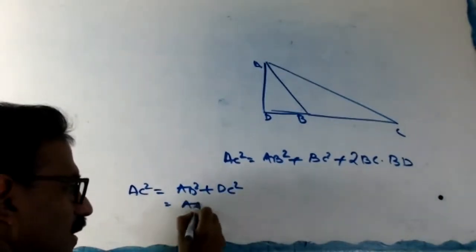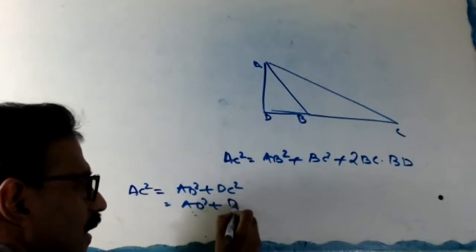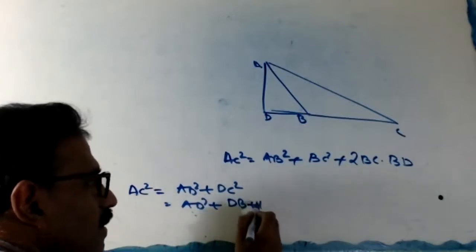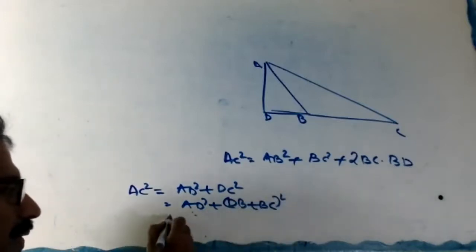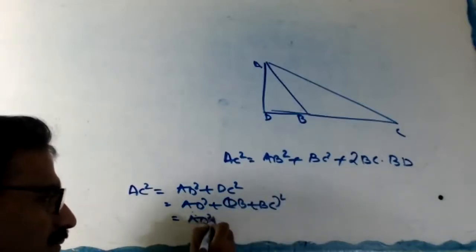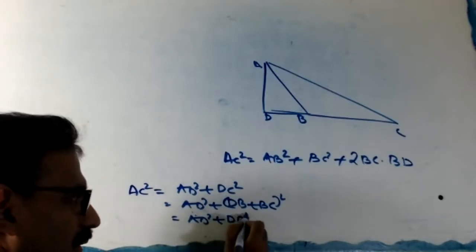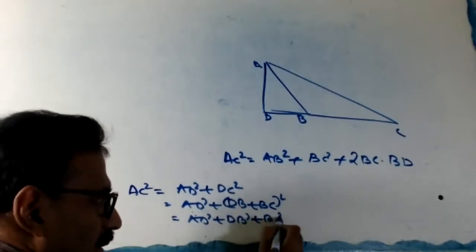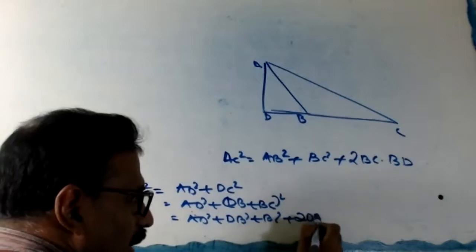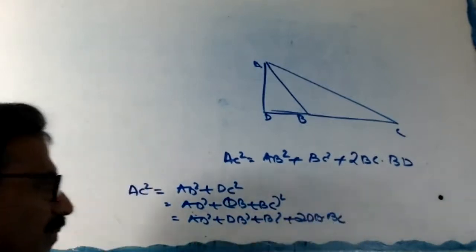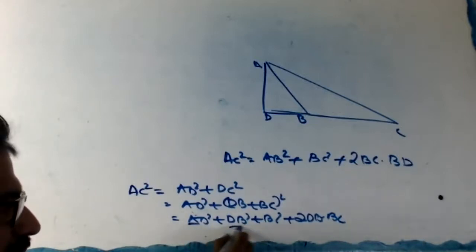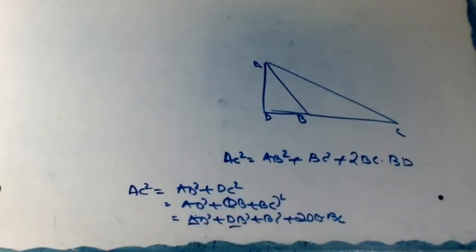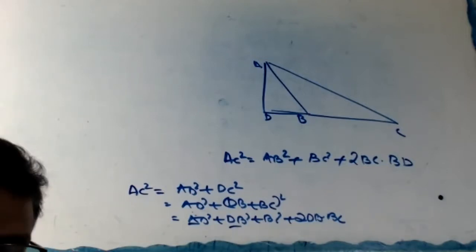So that is AD square plus DB plus BC whole square. Okay, open. AD square plus DB square plus BC square plus 2 DB into BC. Then here AD square and DB square together make AB square. AB square plus BC square plus 2 DB into BC. Finish.